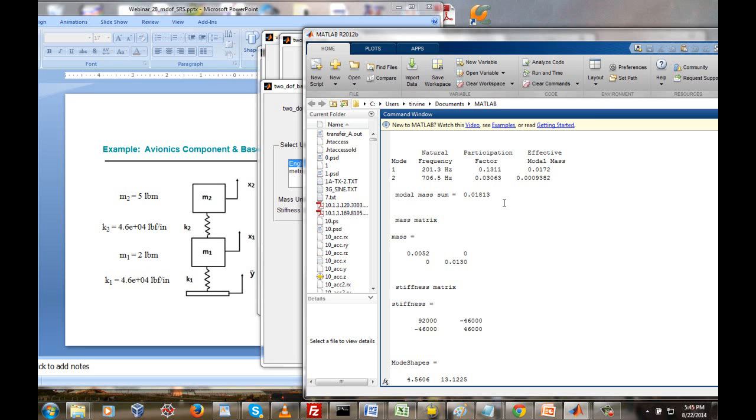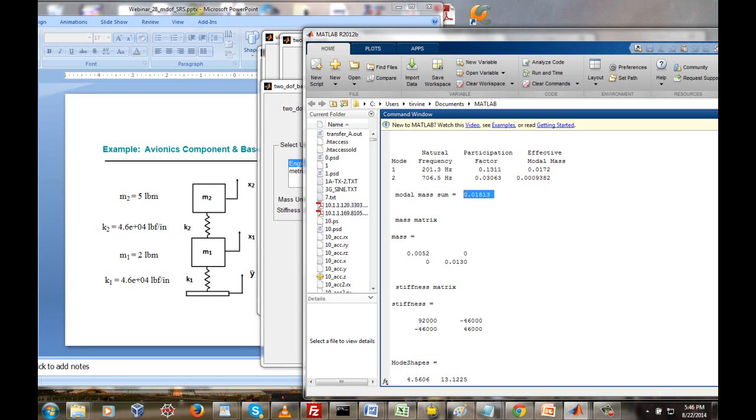And that means that the fundamental mode, mode 1, is more excitable than the second mode. And then we have a similar situation with the effective modal mass values, where mode 1 has a higher value than mode 2. Actually the ratios between those pairs change, but let's not worry about that for now.